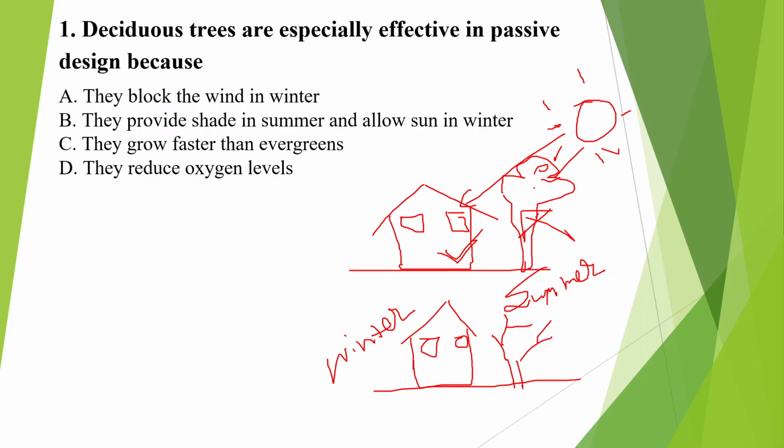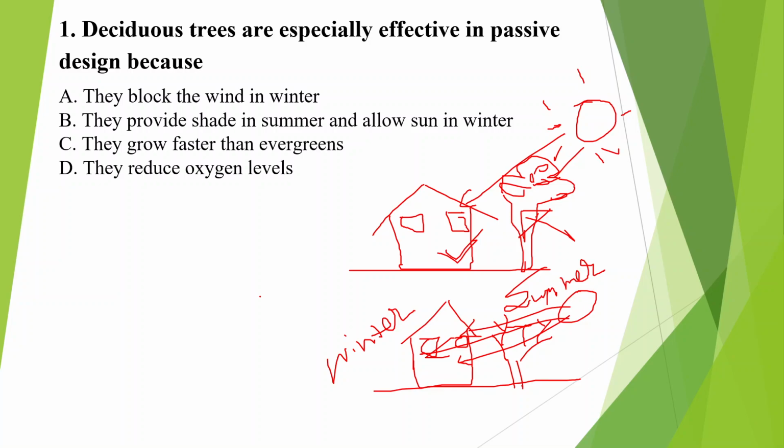Earlier they were full of leaves in the summer, but in the winter they shed their leaves, and in the winter it allows most of the sunlight to enter and keep your house warm. So option B is the correct answer for this particular question number 1. Whoever has marked option B is absolutely correct.